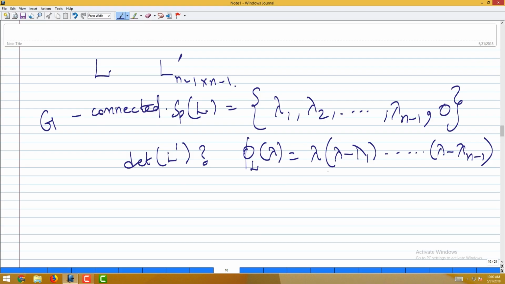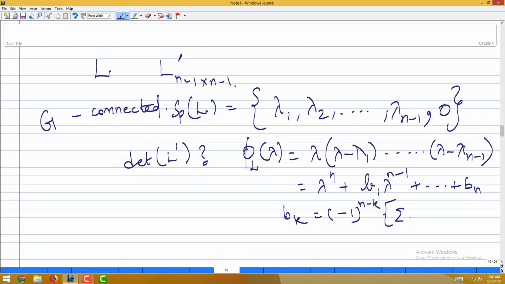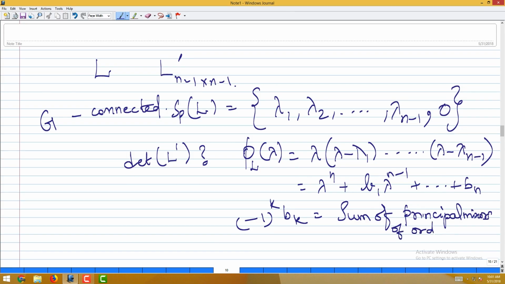Suppose I am looking at any kth coefficient, if I write this as b n lambda power n minus 1 and so on, then I know my b k is nothing but, I should write it the other way around, minus 1 to the power of k b k is nothing but the sum of principal minors of order k. So, now what are we looking for?